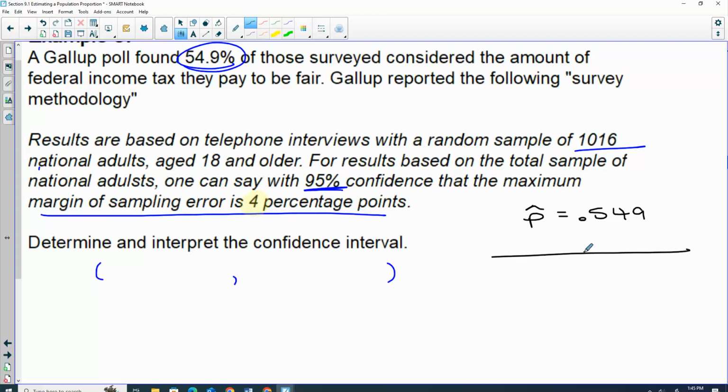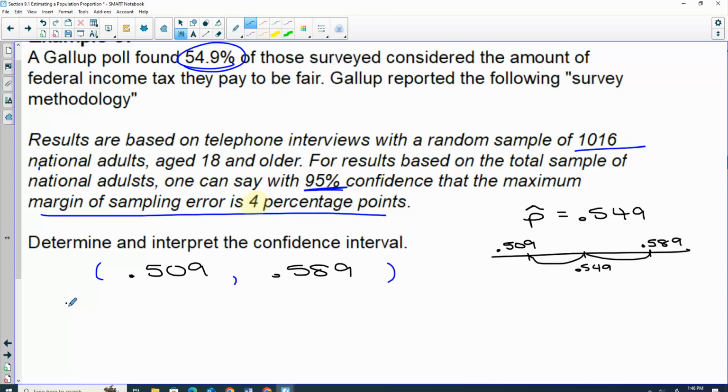That's the center. If that's within 4%, that means your true value could be 4% below or 4% above, right? So 4% below would be, and 4% above, 0.589. So we're adding and subtracting 0.04. Okay, so that's my confidence interval.